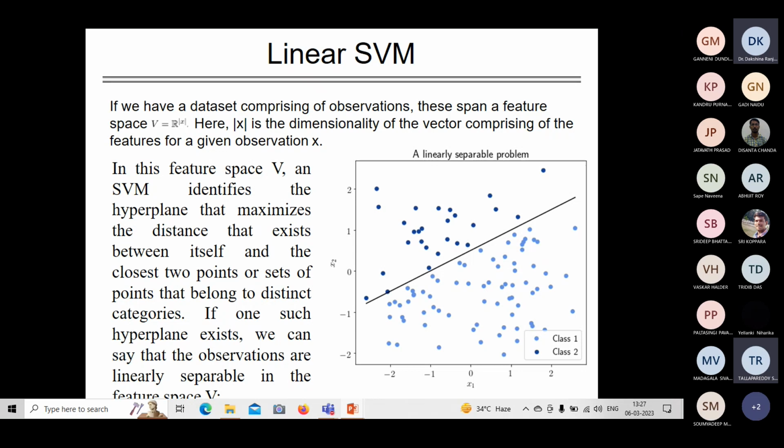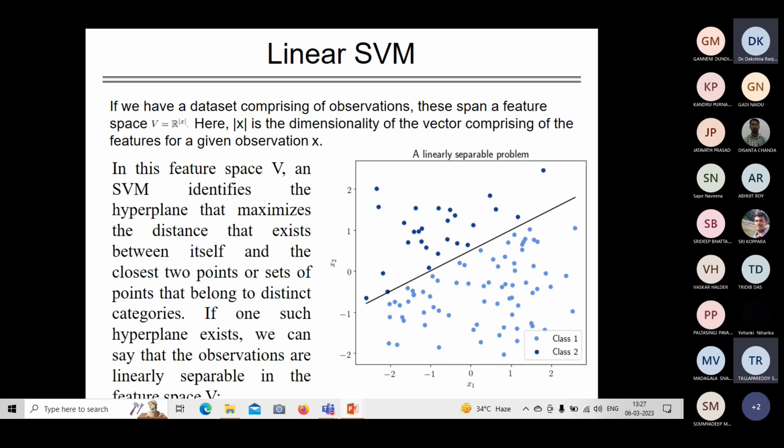So in that case, we need to use the kernel to map the input feature space into some other feature space. Okay, that means the lower dimensional feature space will map to the higher dimensional feature space, and then we define a linearly separable hyperplane.